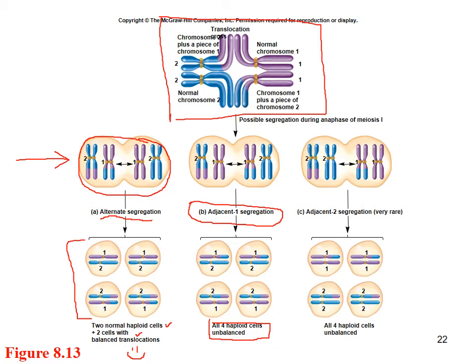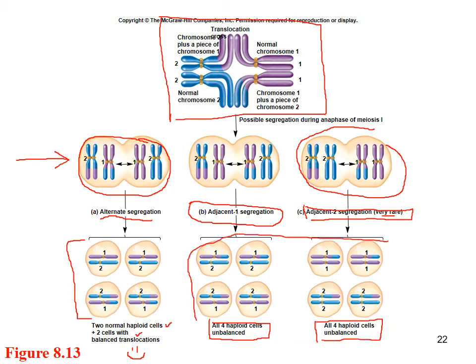And if we do adjacent 2 segregation, which is very rare, as you can see right over here, we're getting adjacent homologous chromosomes to segregate. That will give us 4 haploid cells that are also unbalanced. So both of these scenarios are not a favorable outcome and can cause, like I said, semi-sterility. Your option is really to have a high amount of alternate segregation so you can produce the most viable gametes possible.